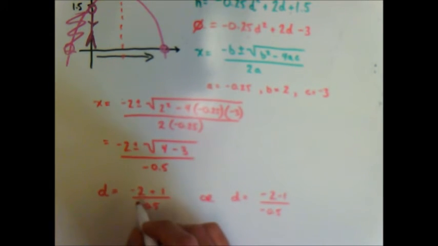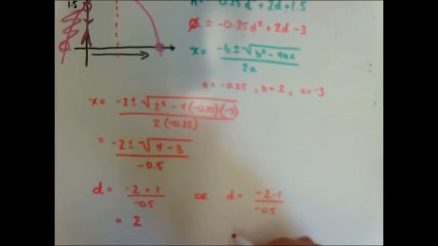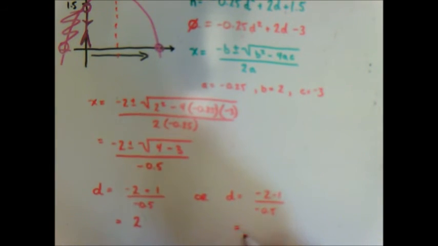Over here, we get negative 2 plus 1, that's negative 1, over negative a half, well, that's positive 2. And over here, we get negative 2 minus 1, which is negative 3, over negative a half, which is positive 6.